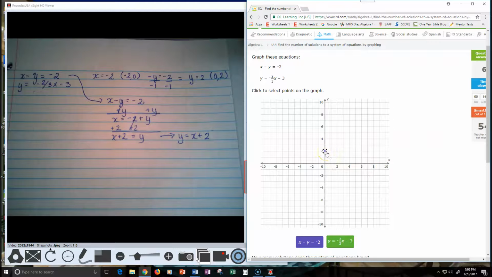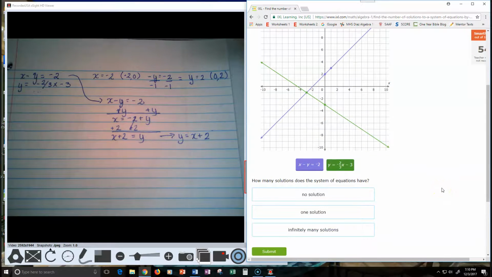So I've got 2, and I'm going to go up 1 over 1 to the right. And then I've got this equation, it starts at -3. It's a negative slope, so my line should be falling from left to right. So I think I'm going to go up 2, 1, 2, and to the left 3, 1, 2, 3.